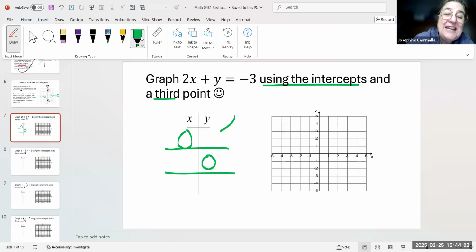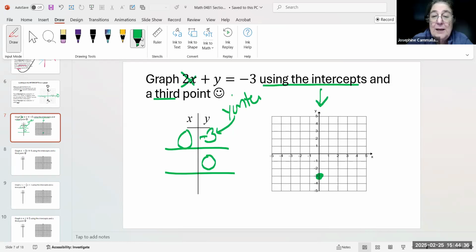I'm finding a number for y. If I do this in my head, 2 times 0 is 0, and my y is -3. Well, notice I have a number for y, which means I'm putting a dot right down here at the ordered pair (0, -3). This was my y-intercept, because I'm looking for a value for y when x is 0.